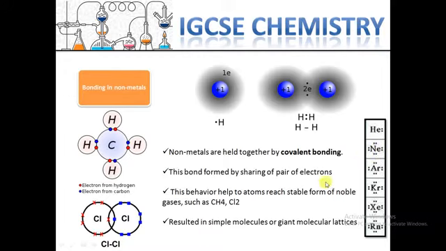The result of covalent bonding can be giant molecular lattices. For example, in another case, the atoms can connect to each other and make a very big structure.